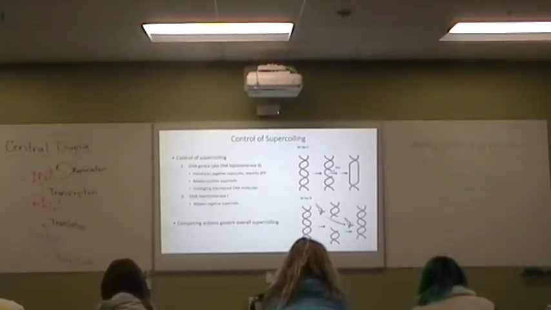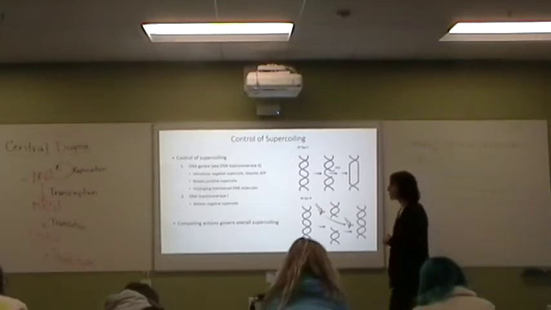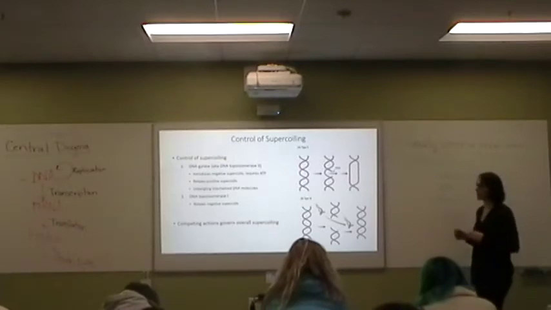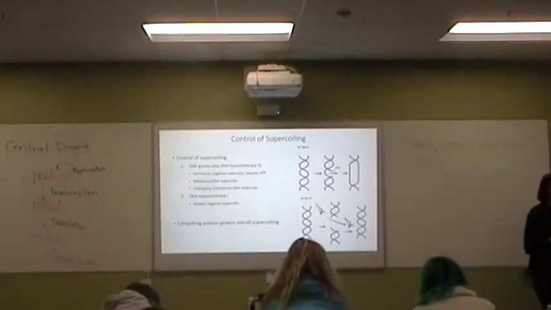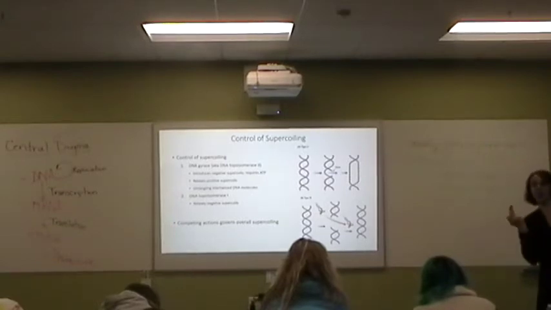Sometimes we have supercoiling where we don't want it, or we get positive supercoiling where we want negative supercoiling, and it's changing what the DNA is supposed to be doing in a cell. The problem is when supercoiling occurs, it can be difficult to undo, because to undo supercoiling, we have to actually break or cut both strands of DNA, separate them, untwist one half, and then put them back together.